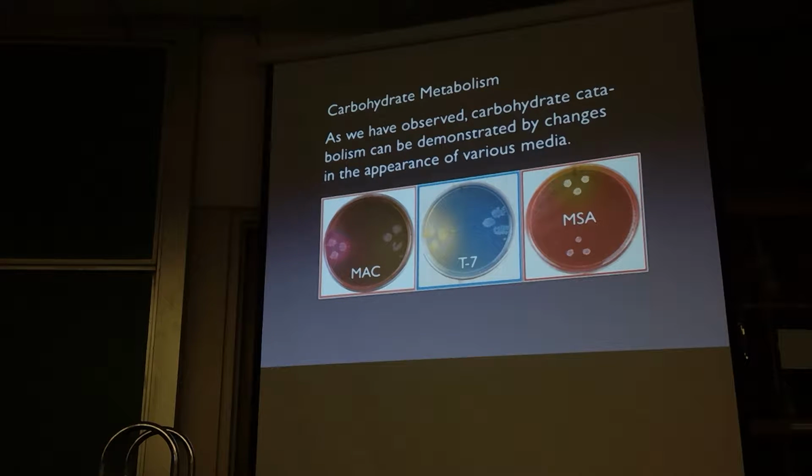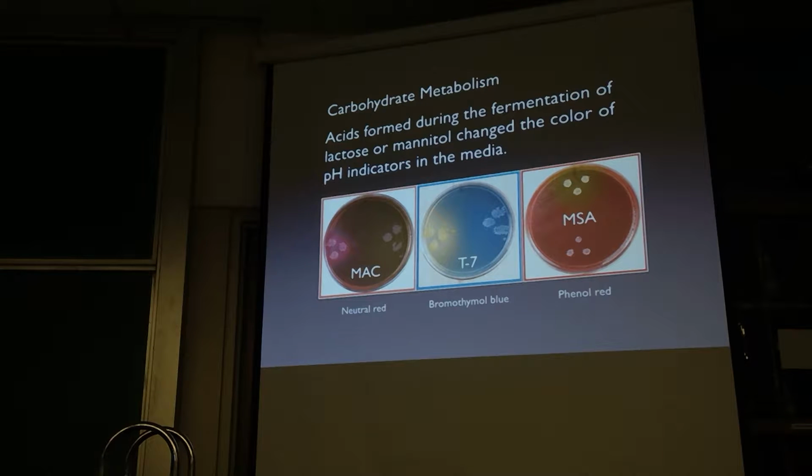It gets a lot pinker than what you see on that plate. So neutral red, bromothymol blue, phenol red. Those are the pH indicators. We're going to use primarily bromothymol blue and phenol red for our enzymatic testing. One other pH indicator you're going to see tonight is bromocresol purple, but you already saw that one too with our BCP lactose quiz.